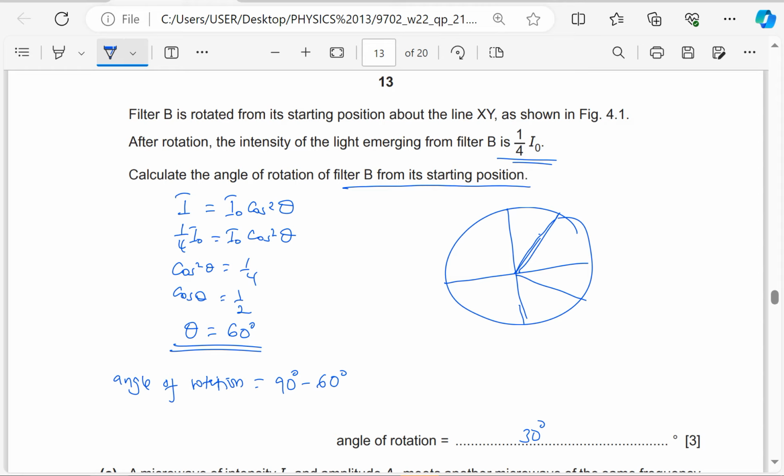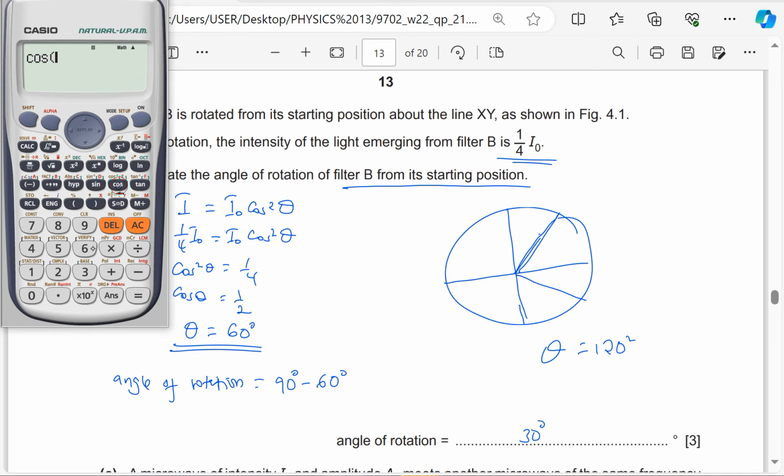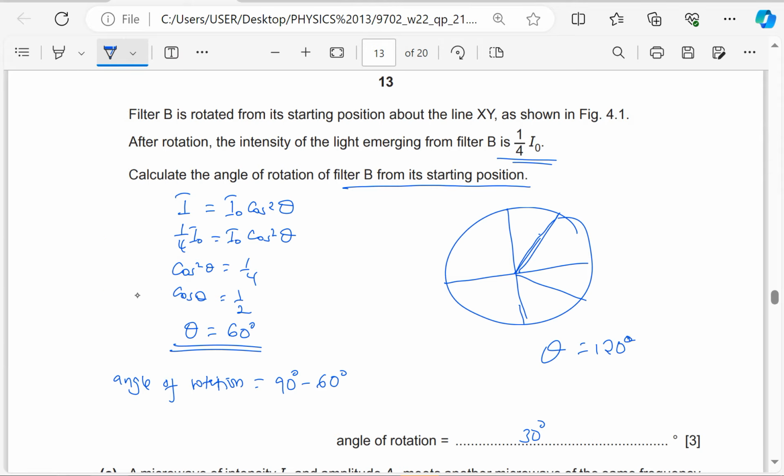I think other angles which give a quarter when squared, I think this could be theta, could also be, is it 120 degrees? I can check. Cos of 120, but when I square this, it is positive, so 120 degrees.